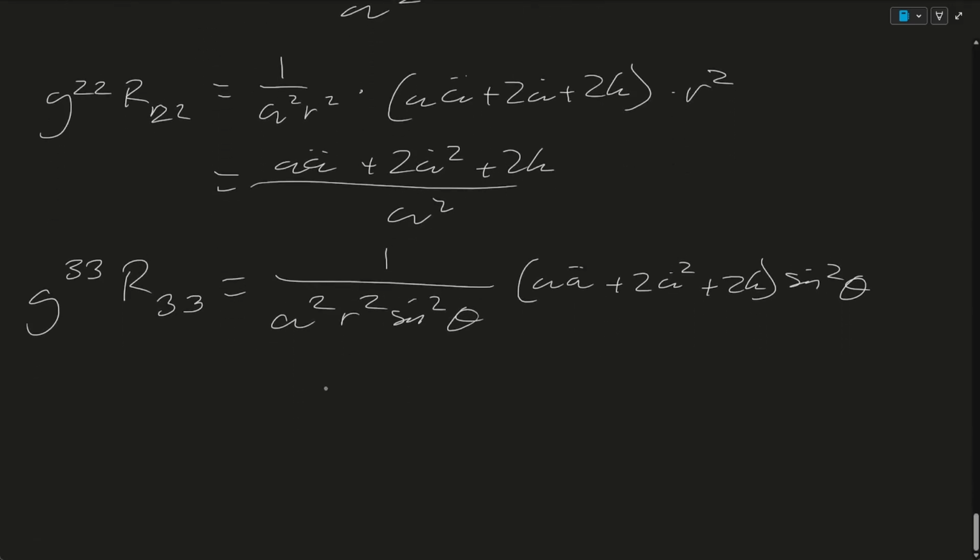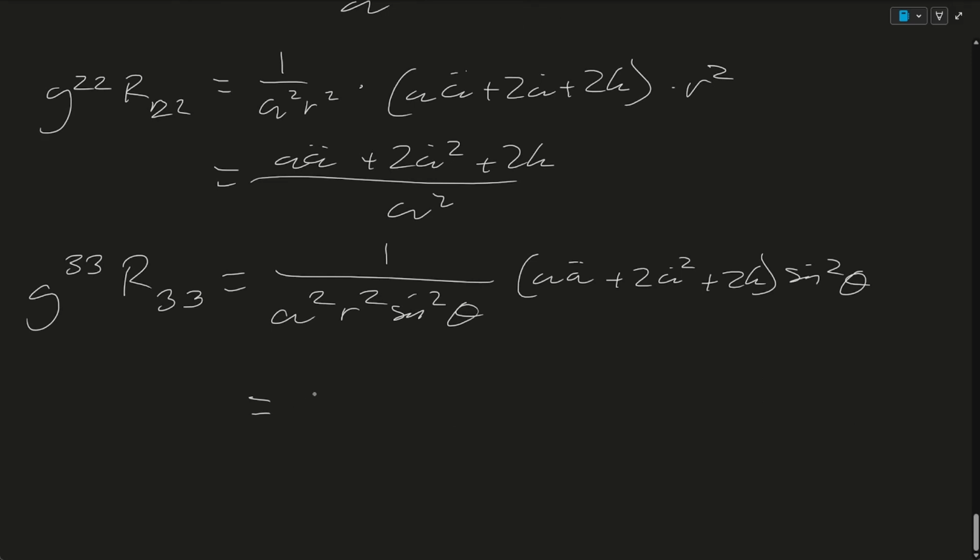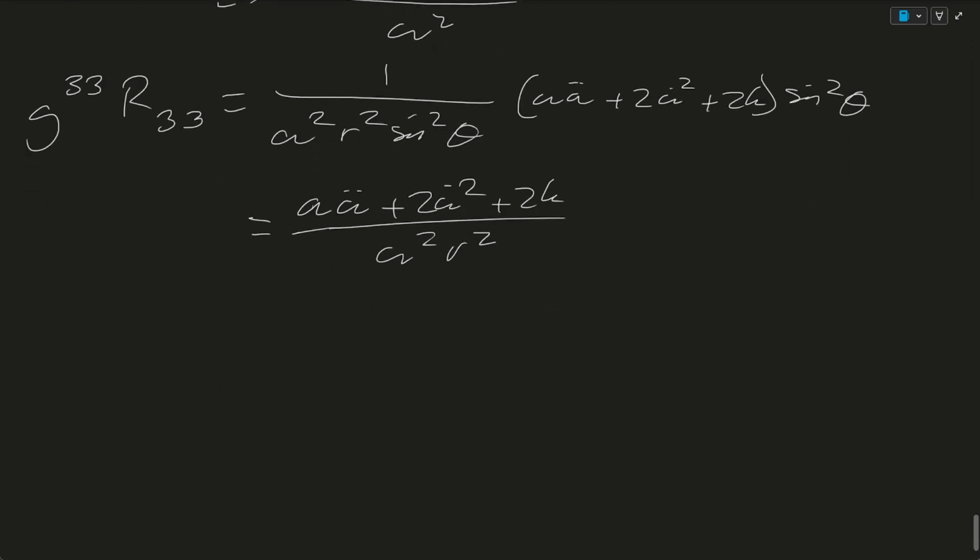I'm not going to do that, and then we just get, am I leaving it like that? I can cancel out the sine squared theta, so that's a double dot plus 2a dot squared plus 2k over a squared r squared.